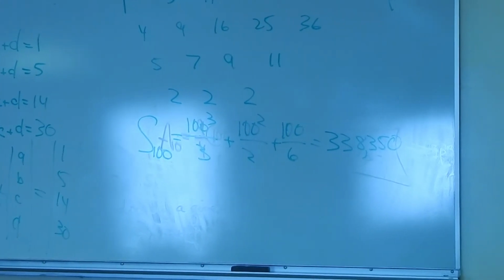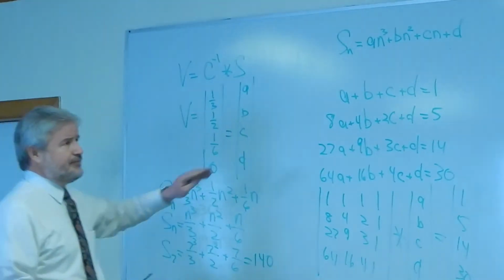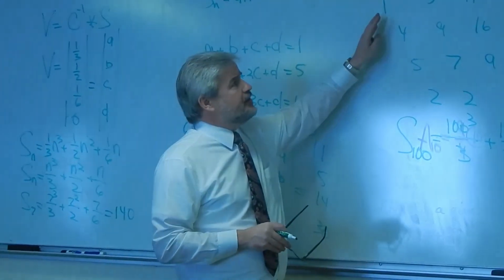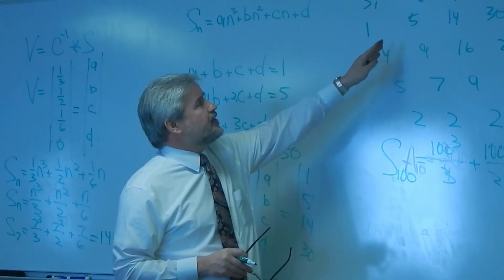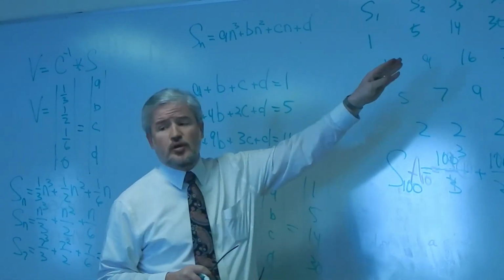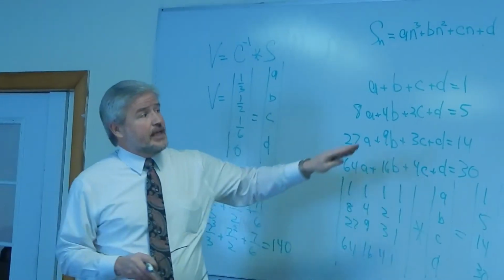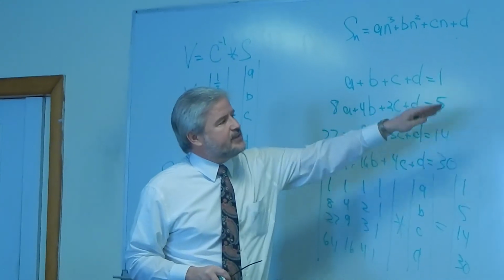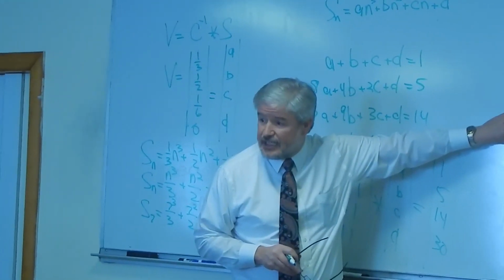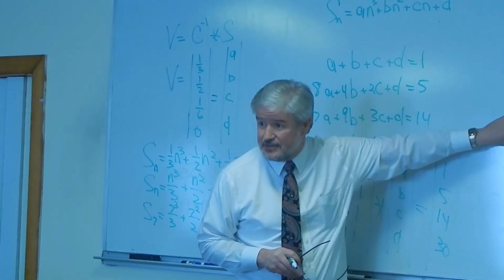Okay, so what have we done here? We started with a series of numbers representing the sum of the first 2, the first 3, the first 4, the first 5, the first 6, the first 7 squares. We set up that series, did consecutive differences, and saw that 3 consecutive differences produced a constant.